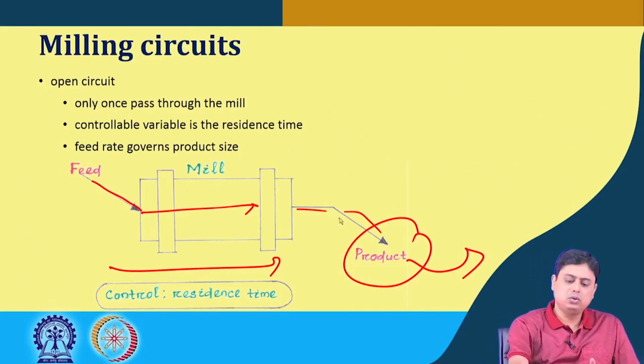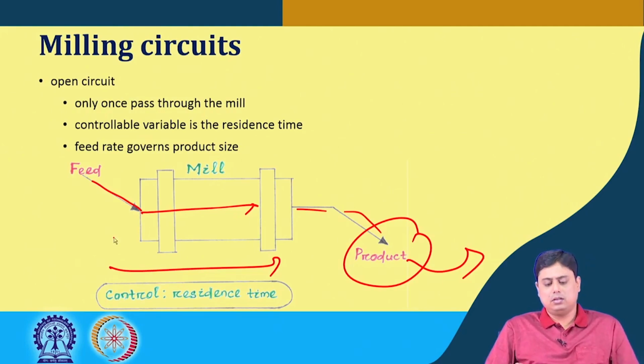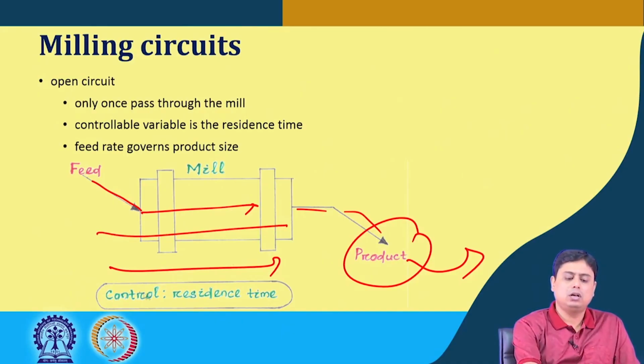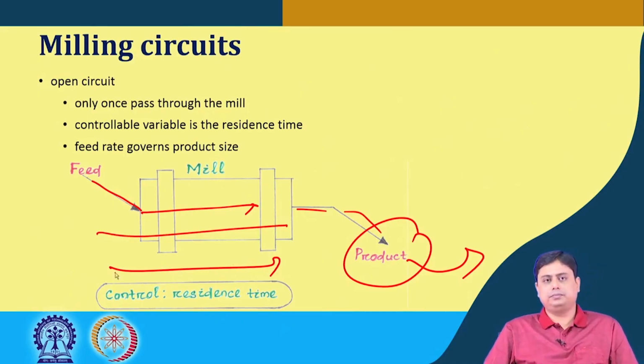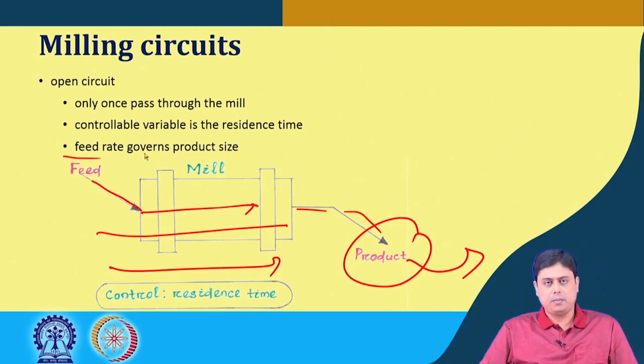And since there is no feedback or recycle of this product, the effective operation of the milling completely depends on the control of the feed rate. The way you provide the feed rate dictates the residence time, which in turn dictates the product size variation or the product size distribution.